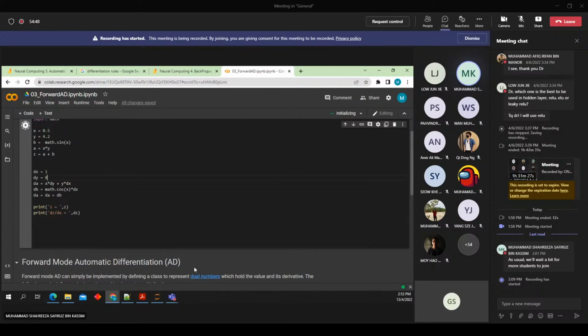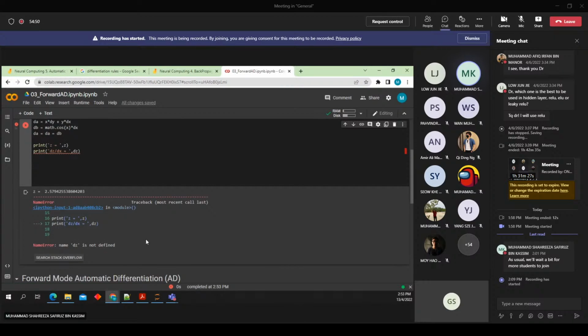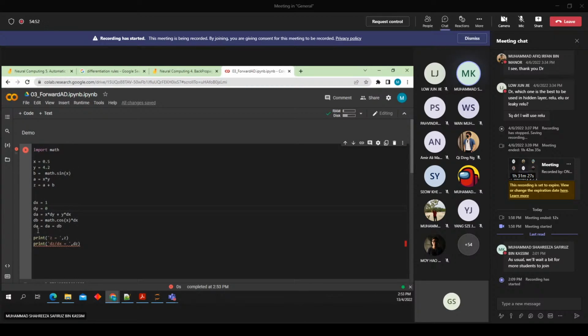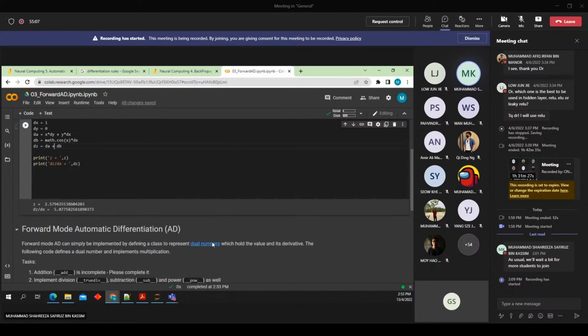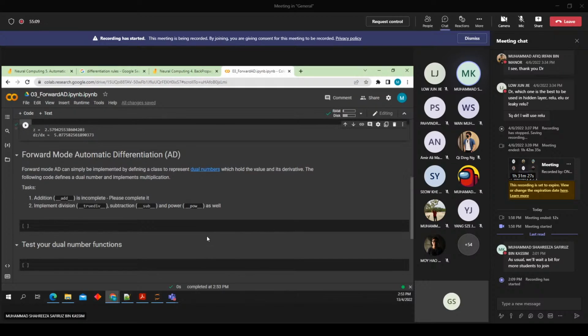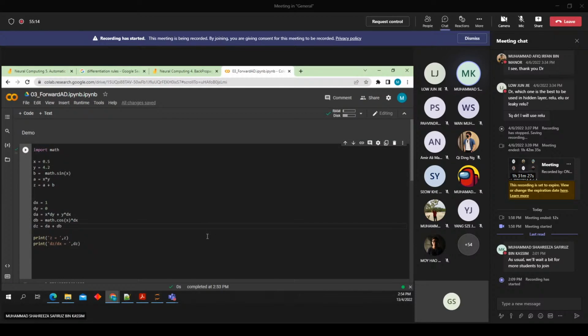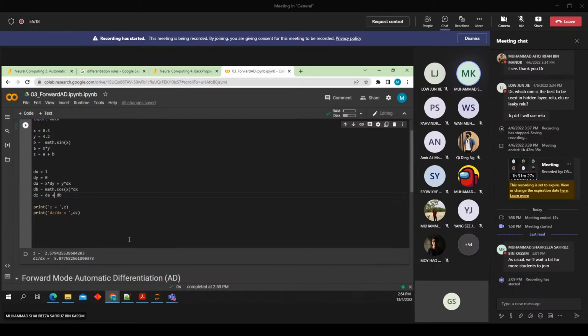By the way, dz is dA plus dB. Right. So by the way, we'll be doing some exercise for the forward mode automatic differentiation. I think we have ample time to do it. Okay. So this is the idea.